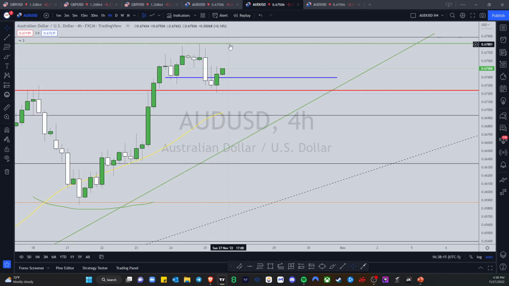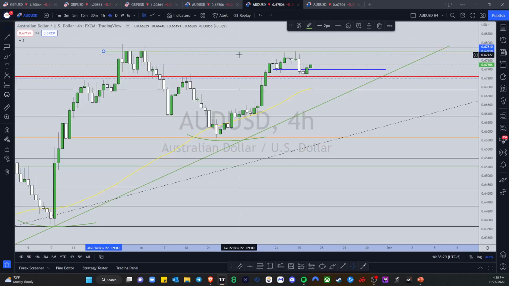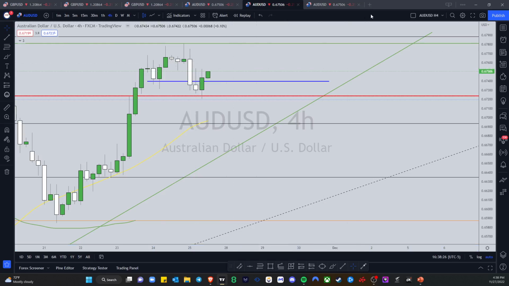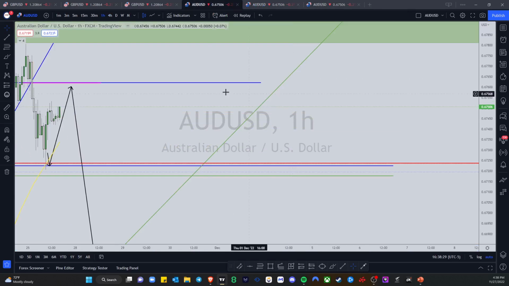It's just not quite yet at the resistance level that we expect it to go to, but it's also showing some type of exhaustion. All right, now we're gonna go down to lower time frame.